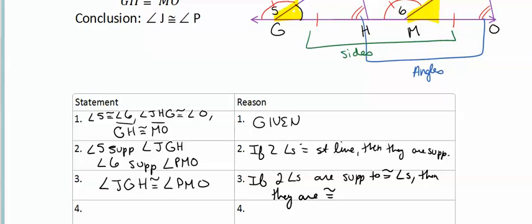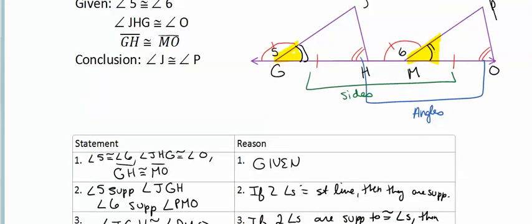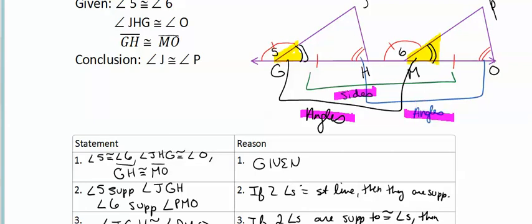Once we establish that those angles are congruent, we now have enough information to prove that the triangles are congruent with the angle-side-angle postulate.